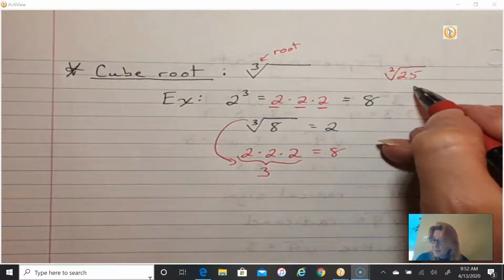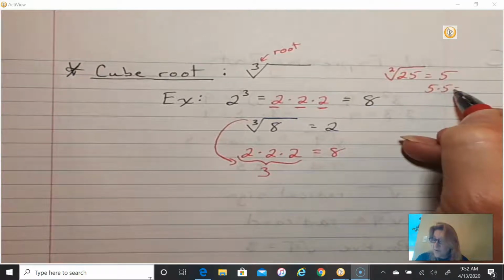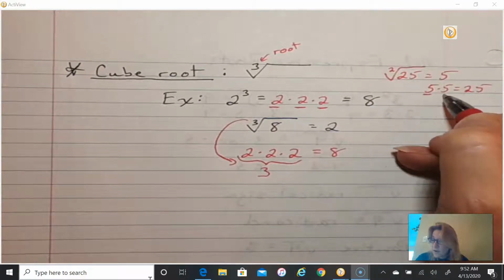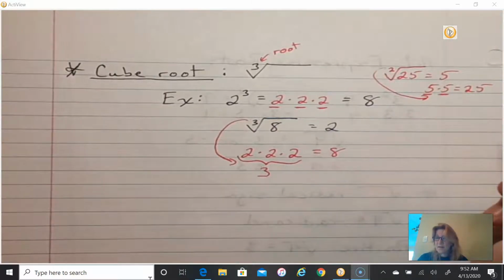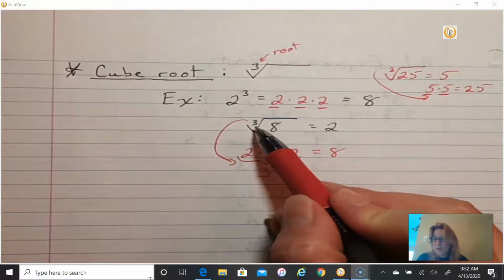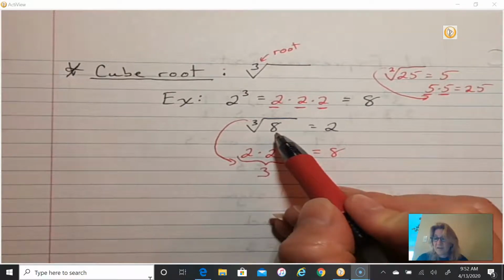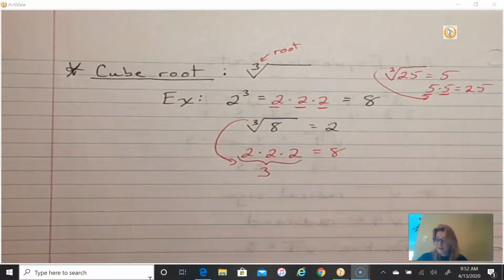And in that case, it's 5, because 5 times 5 is 25. See? 1, 2. Here, it's what number times itself 3 times will give us this. 2. 2 times 2 times 2 gives us 8.